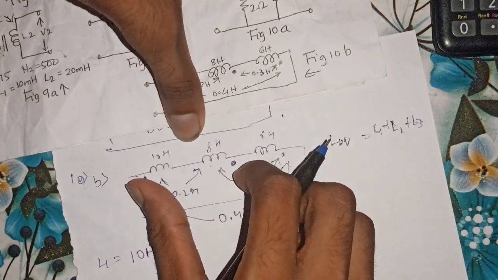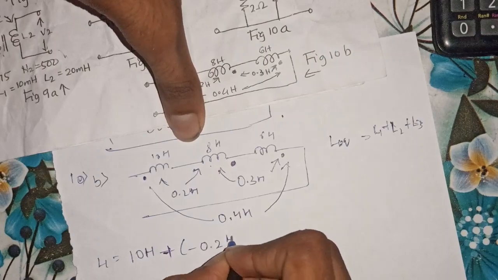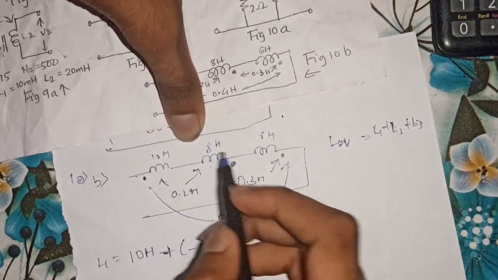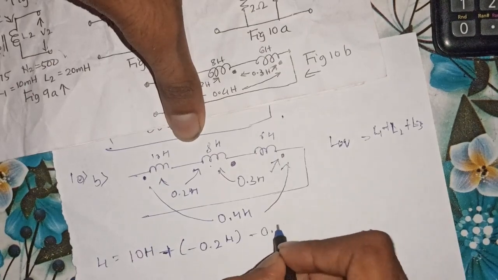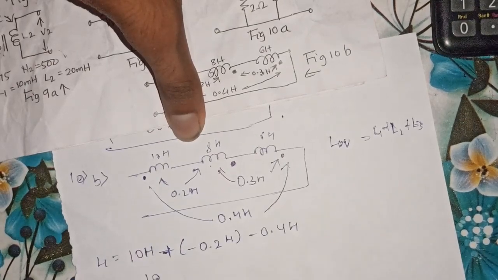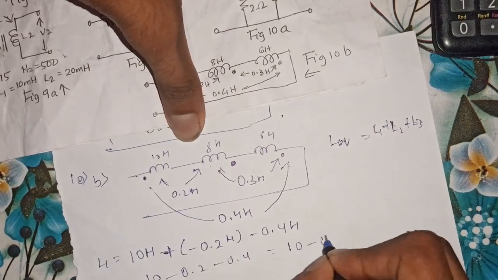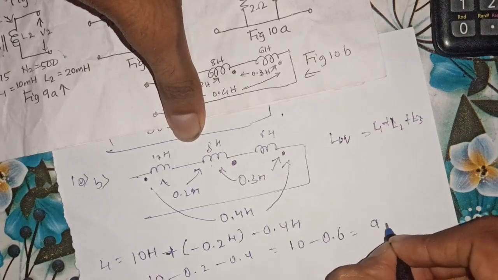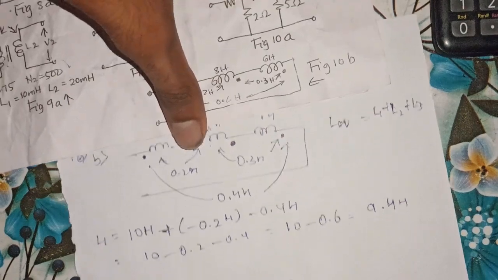The placement of the dot terminal is very, very important in solving such type of numericals. So hence minus 0.2 Henry, and whereas in coil 1 and coil 3, current is entering the dot terminal, whereas in coil 3 it is leaving the dot terminal, so hence minus 0.4 Henry. On solving, 10 minus 0.2 minus 0.4, which will be minus 0.6, which will be 9.4 Henry.